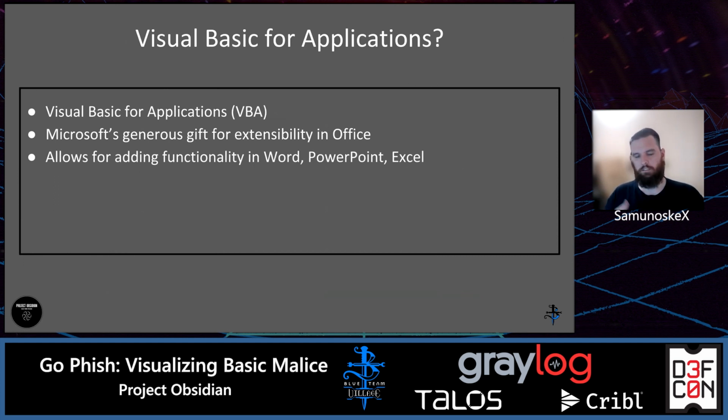But what that does is it allows a file to interact with the underlying operating system or other Office applications to transfer data or do different things between different applications automatically. Could be a good thing, but it more than likely is a bad thing.